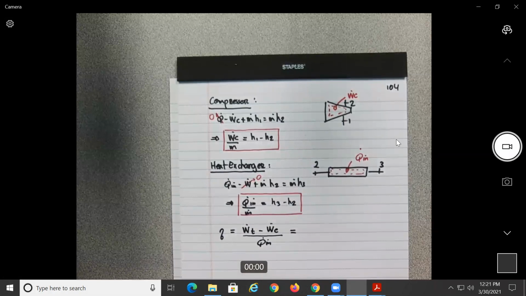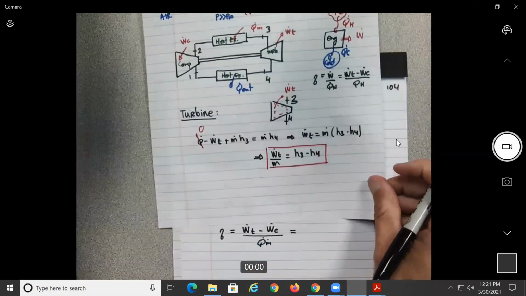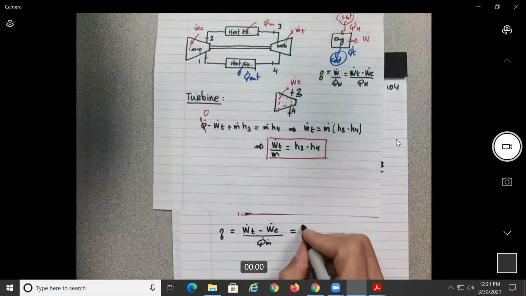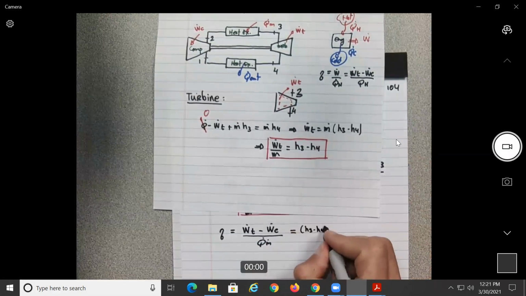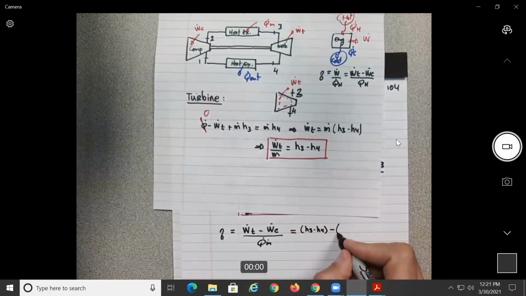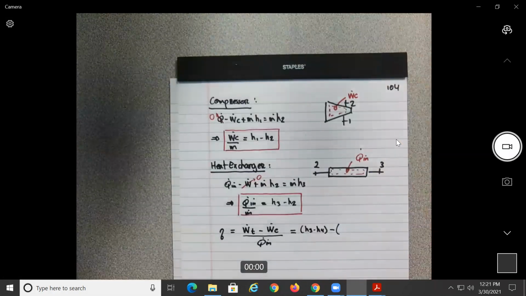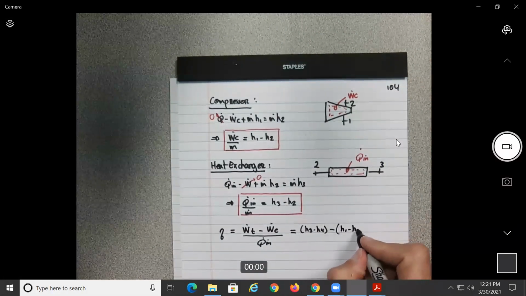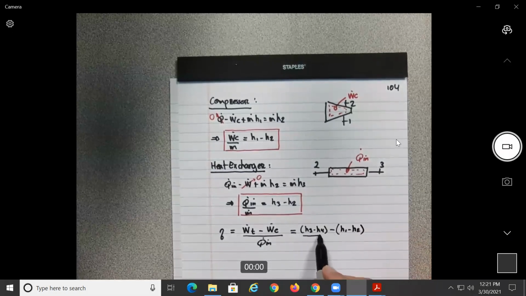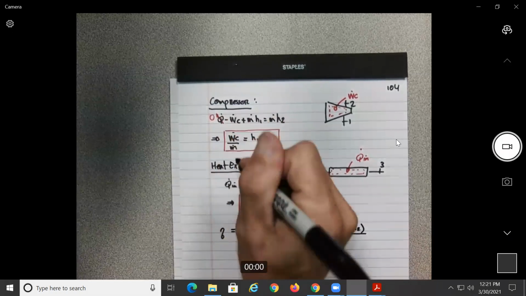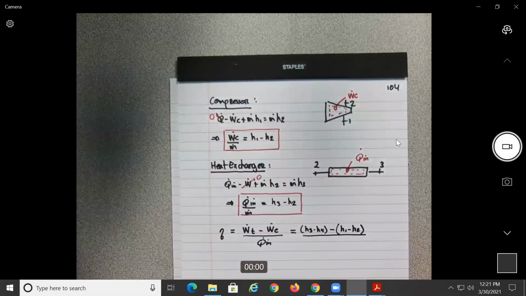So this is going to give us what? The work created by the turbine per unit mass is H3 minus H4, minus the one of the compressor, which is H1 minus H2, because we can cancel out the M's, okay? And the Q in will be H3 minus H2.